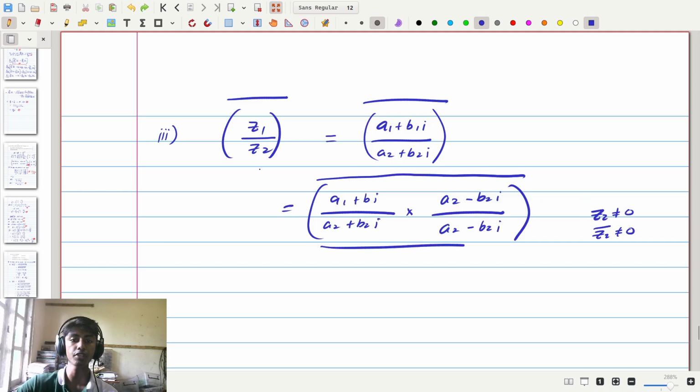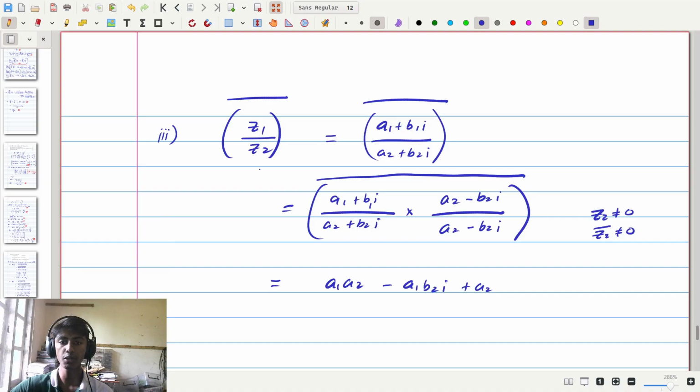Now with that, if we multiply, we can see on the numerator we get a1 plus b1 i times a2 minus b2 i, which is going to turn into a1 a2, and a1 times minus b2 i, or minus a1 b2 i, and then b1 i times a2, which is plus a2 b1 i, and then b1 i times minus b2 i, which is going to be minus b1 b2 i squared.